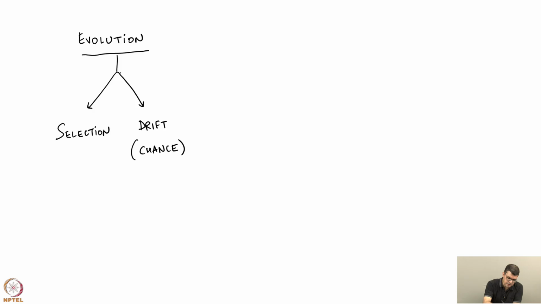And lastly, how does the history of a population decide its evolutionary trajectory? To understand the role of history, let us try to do it through an example.